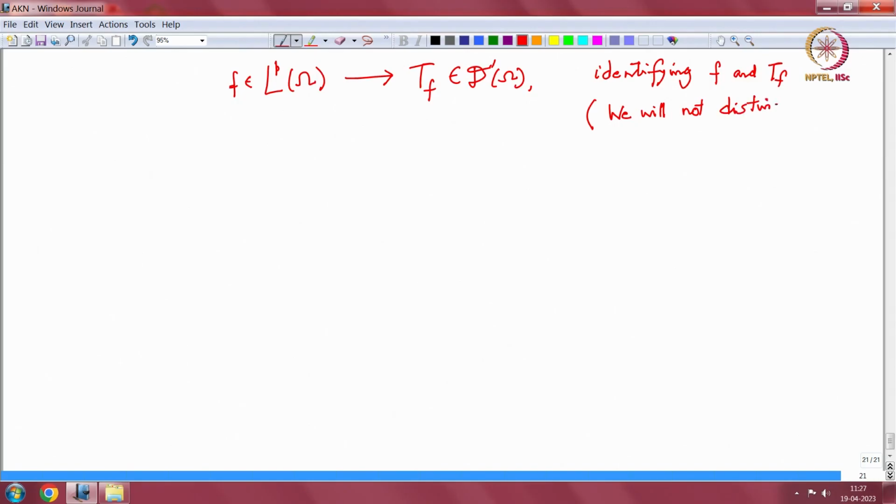Right now I am distinguishing because you are studying it for the first time. So, when I say f, you also view it as the map T_f. That way, this is a kind of identity mapping from L^p to D prime of omega.